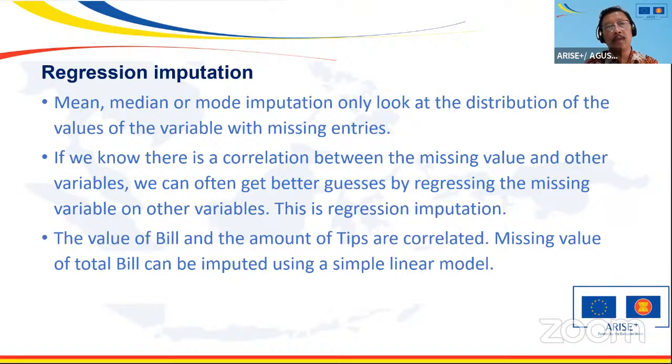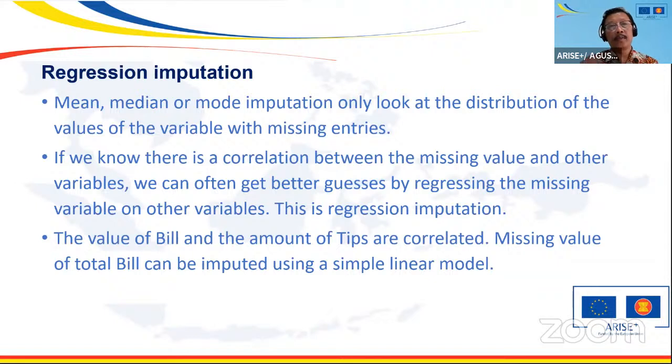We are talking about univariate, only one variable. We see one column. There are some missing there. And actually, it is still a good guess if we estimate this missing data using regression.